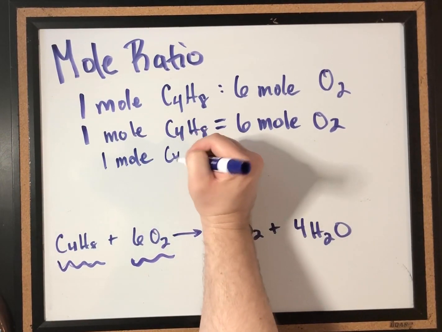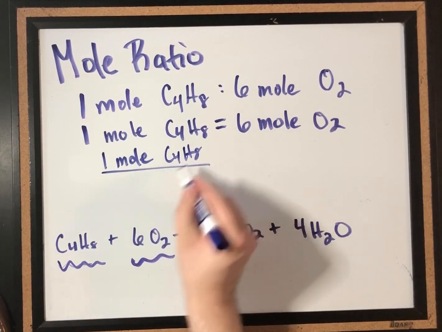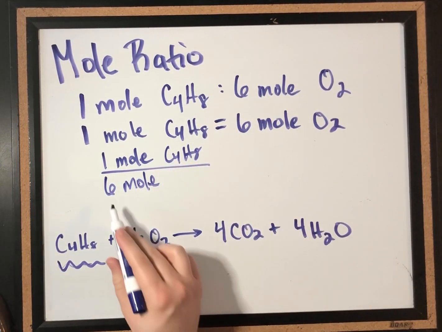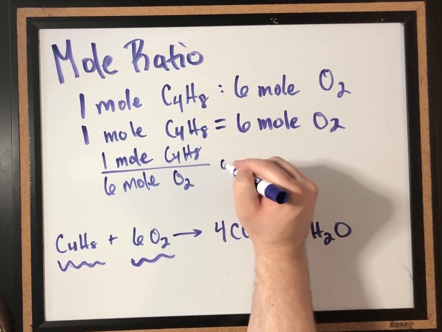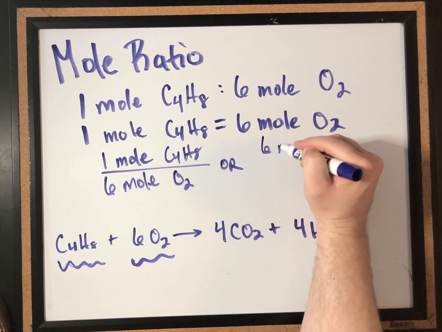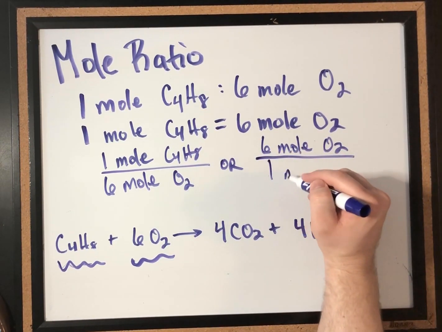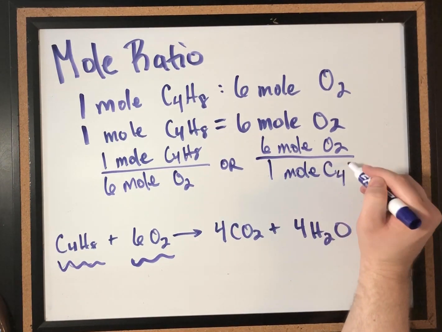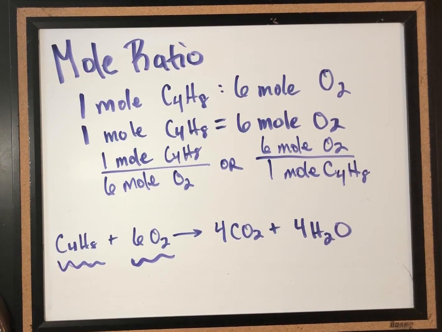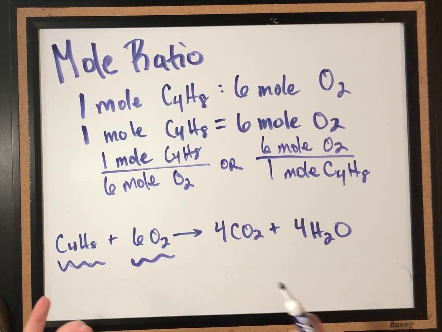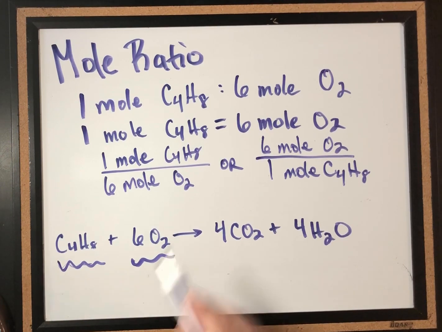So I can either say that 1 mole of C4H8 goes over 6 moles of O2, or I can say that 6 moles of O2 goes over 1 mole of C4H8. So those are the two different mole ratios or conversion factors that you can use in a problem because they both mean the same thing.